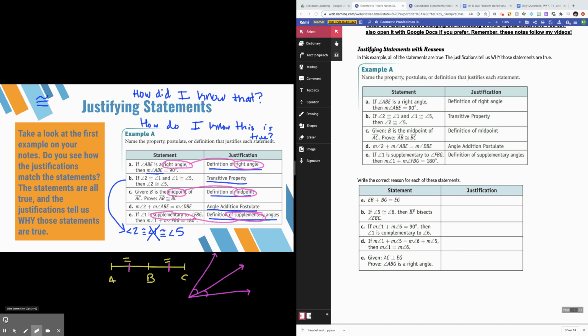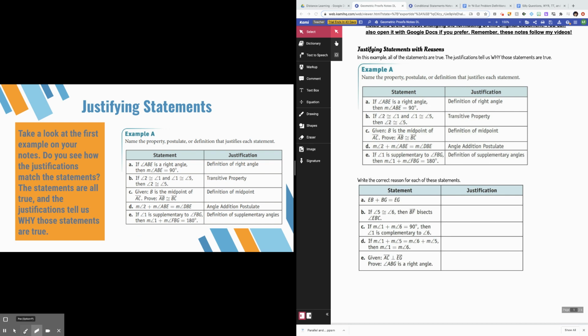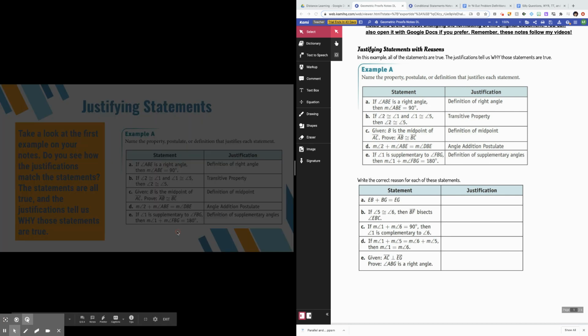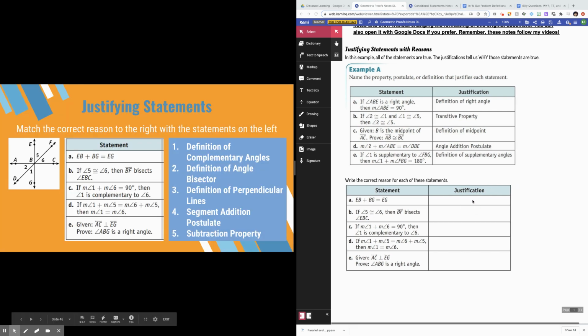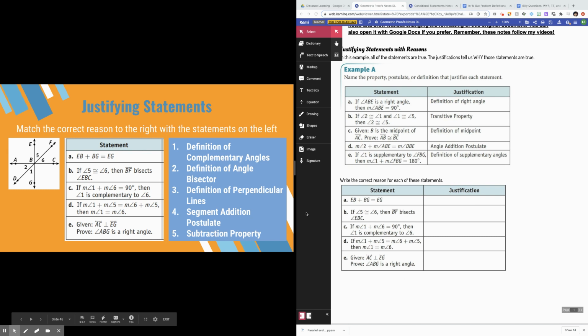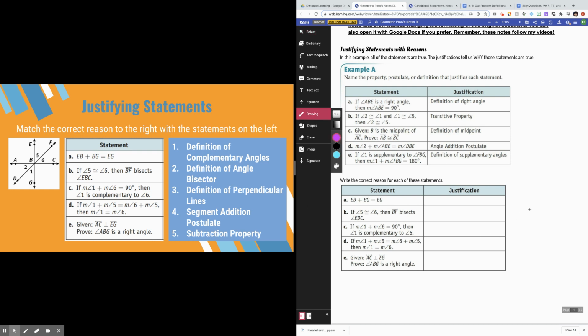Let me clear my screen off. Here I gave you a picture, and I realize now that I didn't actually give you the picture on the notes. Sorry about that. So I'm going to draw it really quickly. The drawing is not going to be beautiful, but we will do the best we can.